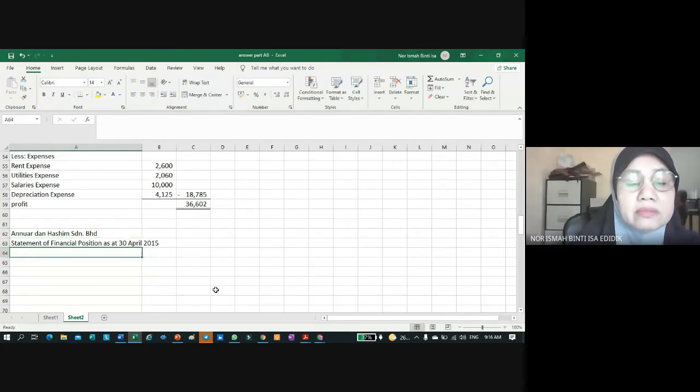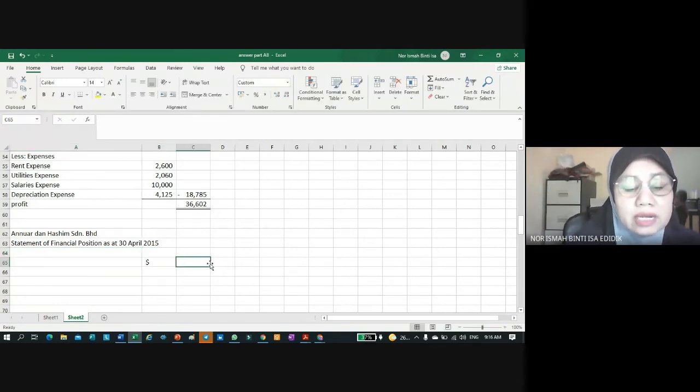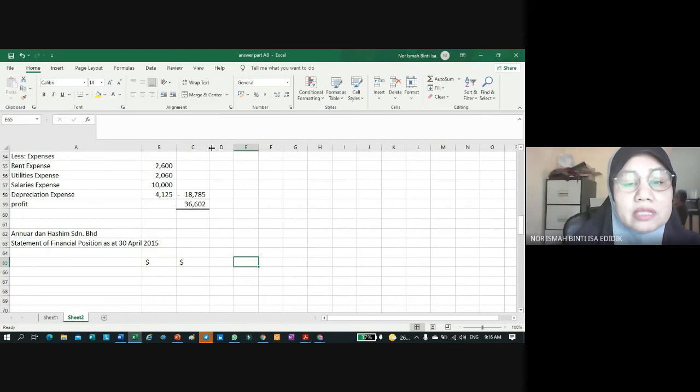Again ya, this is in monetary term. Sebab kita ada satu je. Dan kalau asset so kita letak 2 kolom. Kalau lebih daripada 1 kita letak 3 kolom ya.